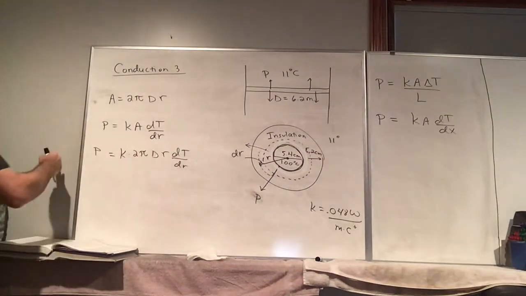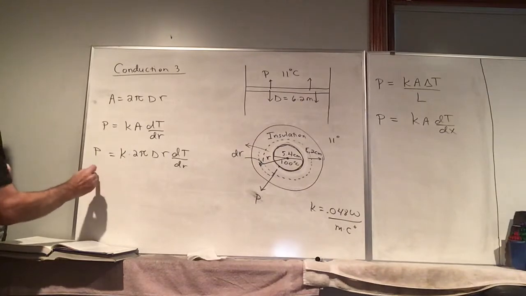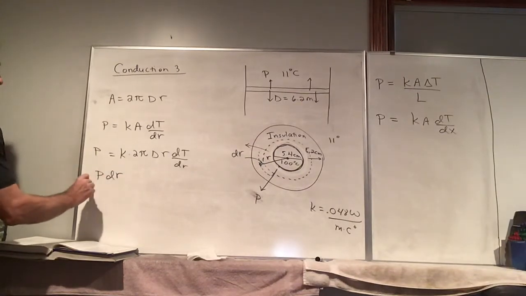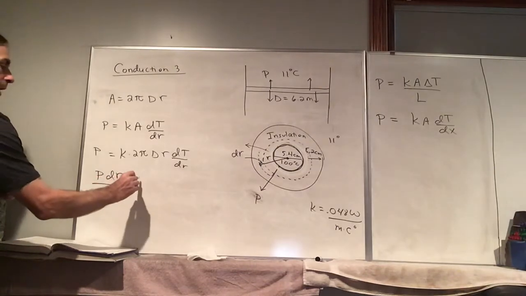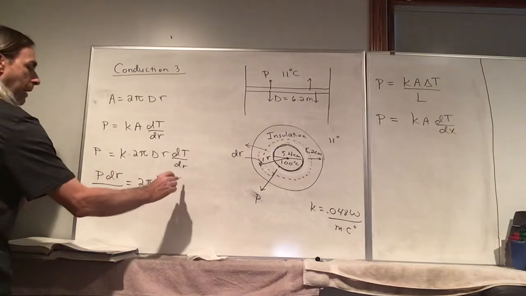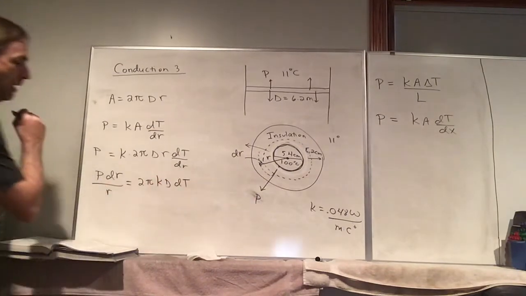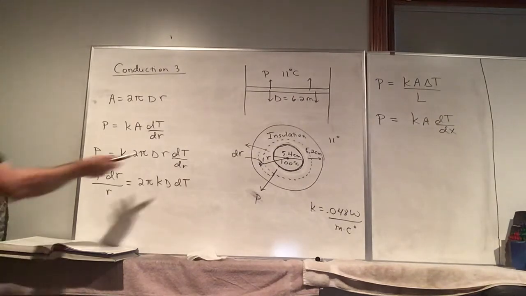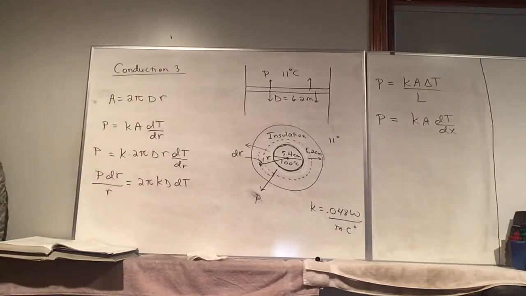So let's collect all the r's on one side. We can say P times dr over r is 2 pi kd dt. Just by moving things around, we don't want to really call it multiplying by dr, since mathematicians don't like when you do that. But we move this over here, we write it in a different form, and then we can integrate.